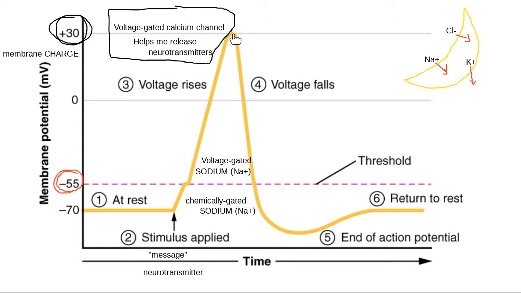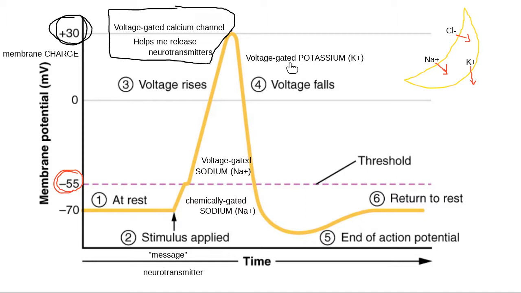Up here at positive 30, to help our neuron fix itself, to get its membrane charge back to normal, this is where I'm going to see voltage-gated potassium channels. Now, remind me again, voltage-gated, what does that mean if a channel is voltage-gated?